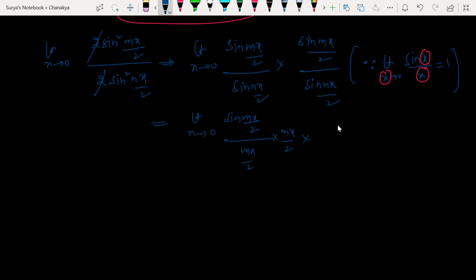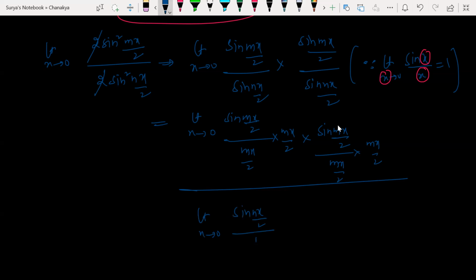Into here also sin mx by 2 divided by mx by 2 into mx by 2. If I just cancel everything, I'll get the numerator again. Similarly, follow in the denominator as well. Limit x tends to 0 sin nx by 2 divided by nx by 2 and multiply and divide with nx by 2. So sin nx by 2. Similarly, you copy and paste here.